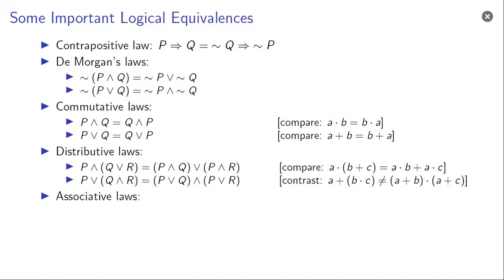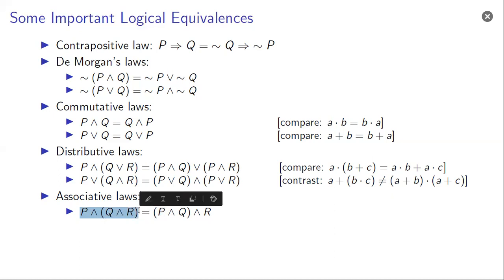And then here are two associative laws. P and (Q and R) is logically equivalent to (P and Q) and R. The idea is that the way I associate things, the way I group things together, doesn't matter, as long as they're all ands.